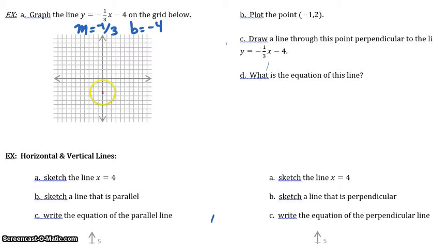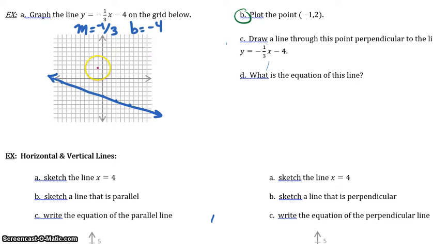The y-intercept is -4, and then from that point we're going to go down 1 and over 3 because our slope is negative. All the way across our graph, connect the dots.